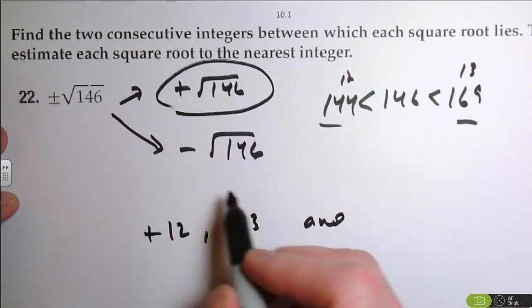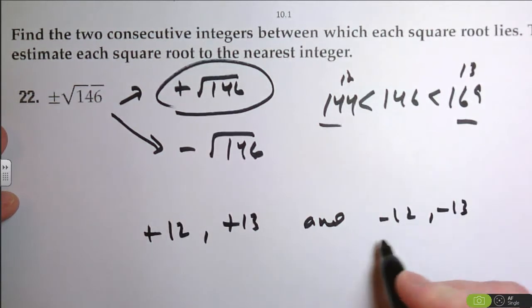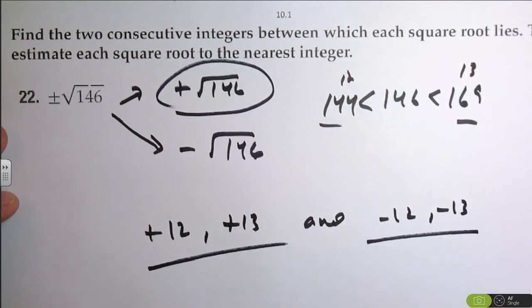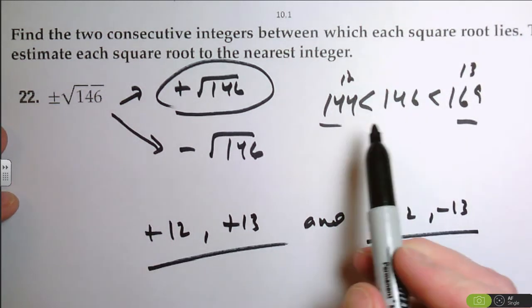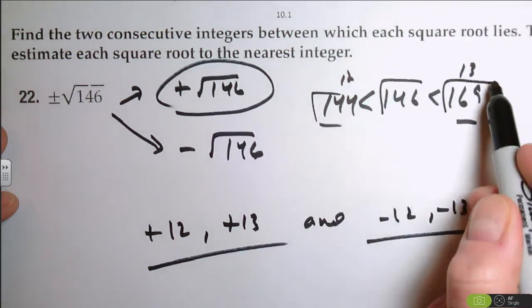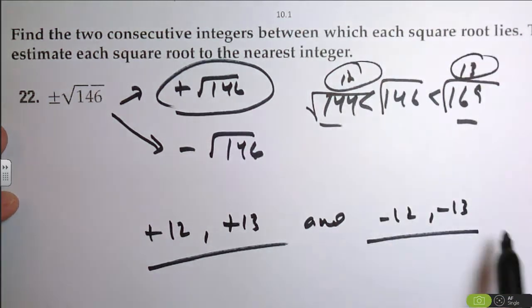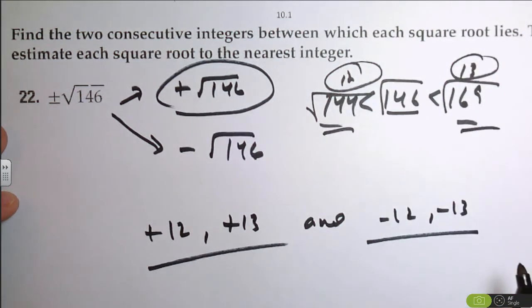And for the negative one, same thing, negative 12 and negative 13. So those are the two numbers it has to be between, because 146 is between 144 and 169, and the square roots of 144 and 169 are 12 and 13.